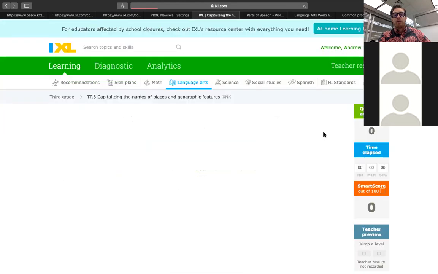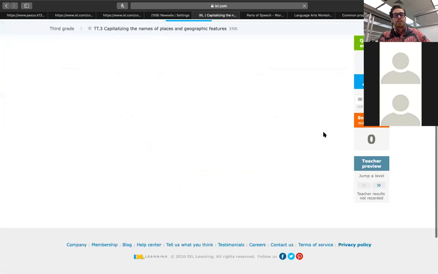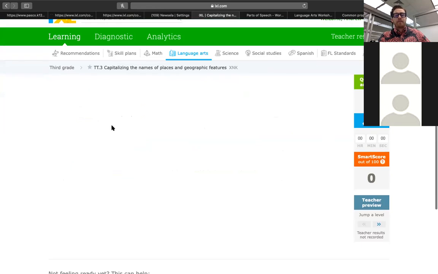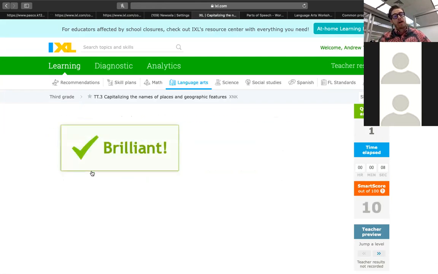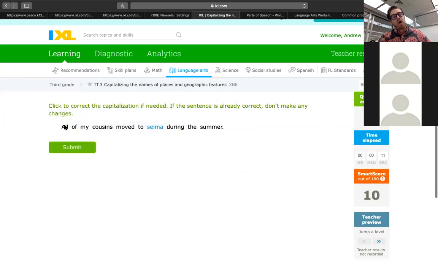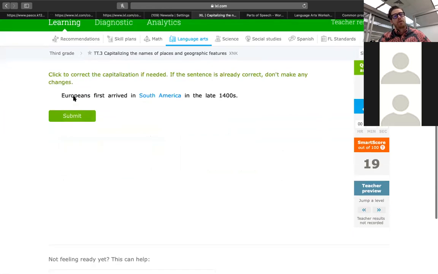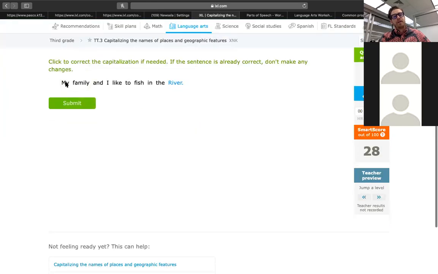Moving to geographic features. See if we can get these right or not. "We walked across the Golden Gate Bridge." Bridge has to be capped because of the kind of bridge it is. "All my cousins moved to Selma during the summer." Selma is supposed to be capitalized. Bingo, it's a place. "Europeans arrived first in South America in late..." That's already capitalized.